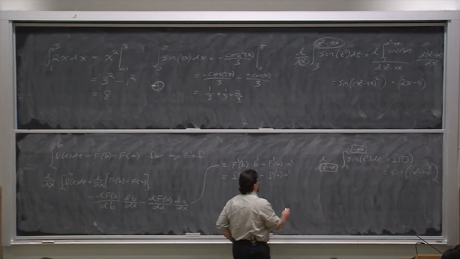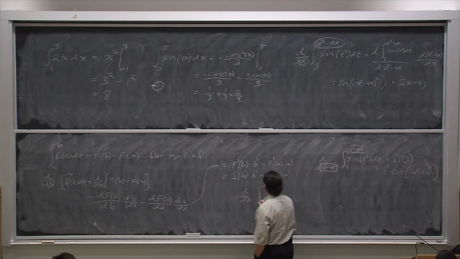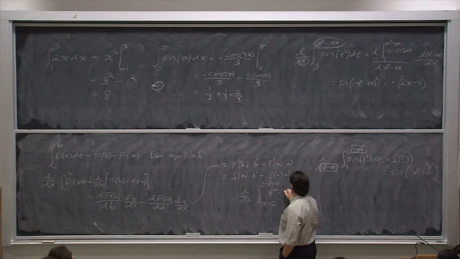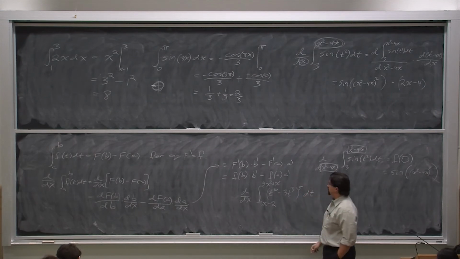All right, so we're going to do things like, what if we wanted to take the derivative of the integral from 3x minus 2 to 5x squared plus x of t to the 10th minus 3t cubed all to the 5th dt.